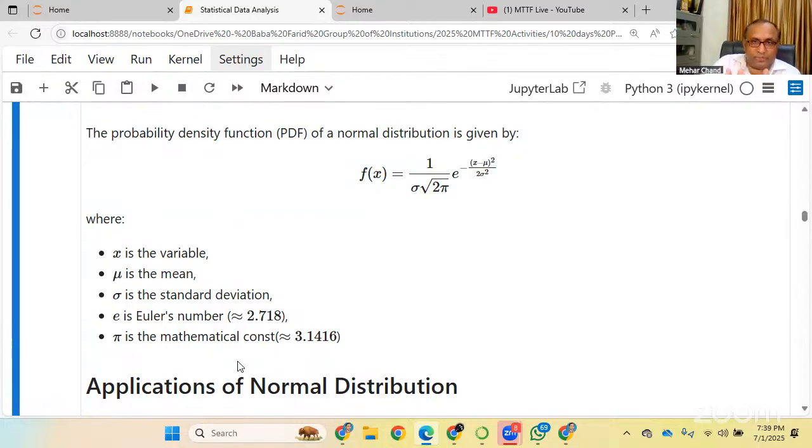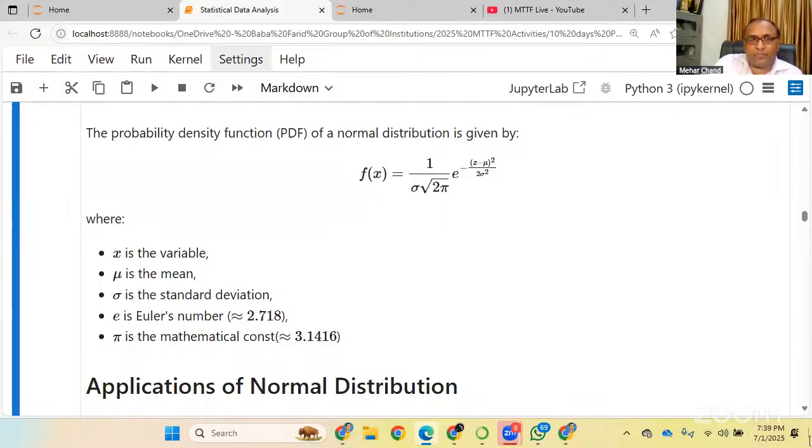So this is the formula which defines the normal distribution, and we have to adopt it. All the variables are explained here: x is the variable, mu and sigma are constants. Mu we need to calculate, sigma is the standard deviation, e and pi are constants.